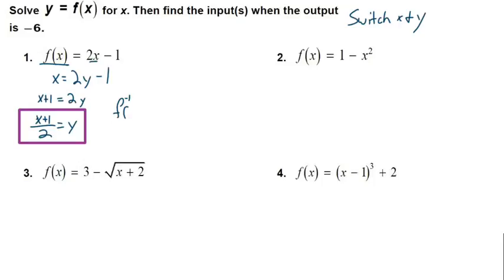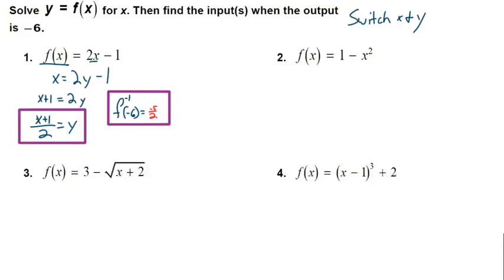So, for the inverse function, when x is negative 6, go back over here and plug it in. Negative 6 plus 1 is negative 5. Can't divide negative 5 by 2, so we've got negative 5 halves. Cool? Let's burn through a few more of these.